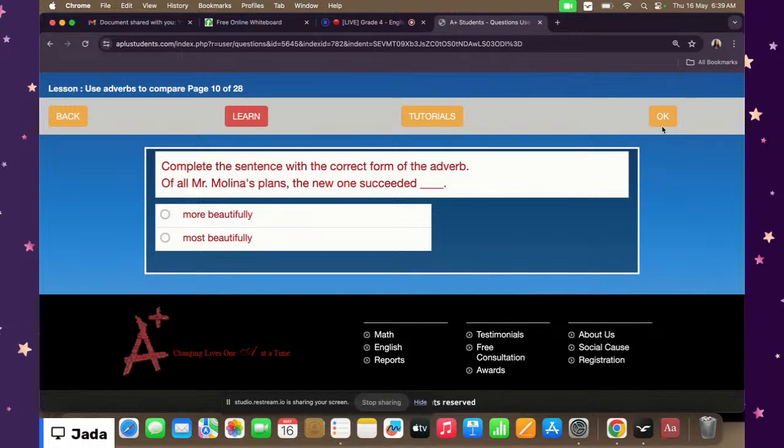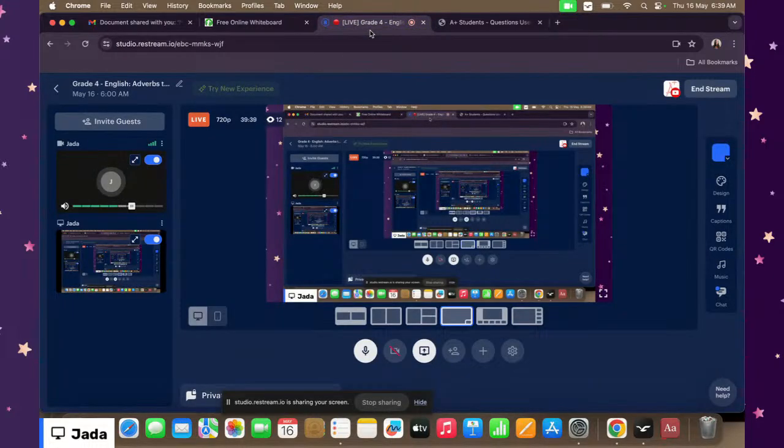Can you now state the difference between the superlative and comparative? Let me know on the chat. If you have no question, just say no. And if you have a question, say yes.